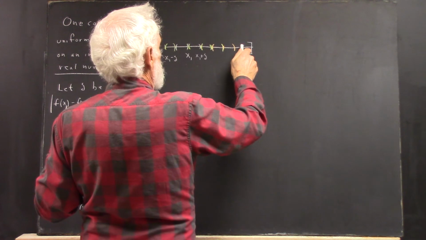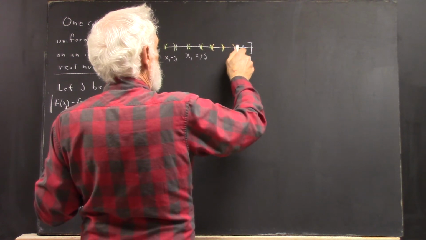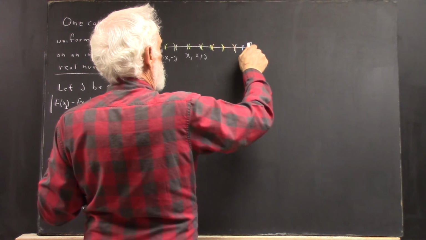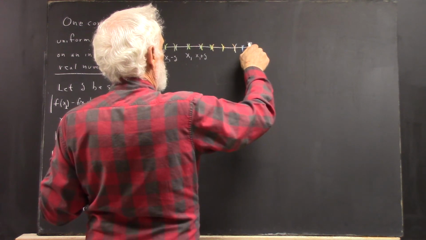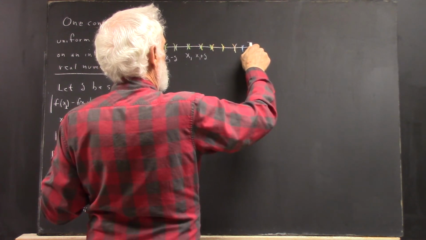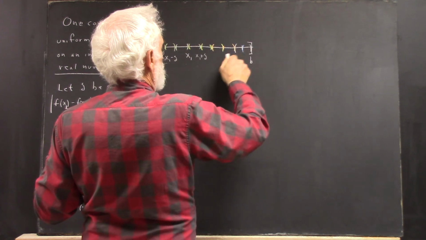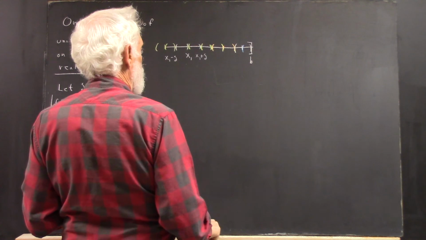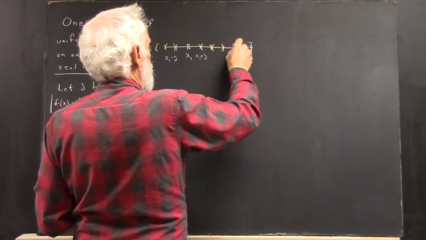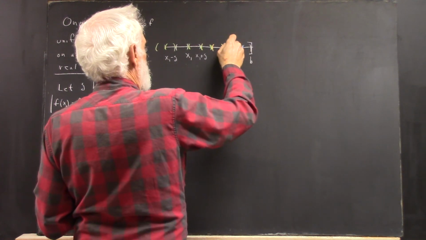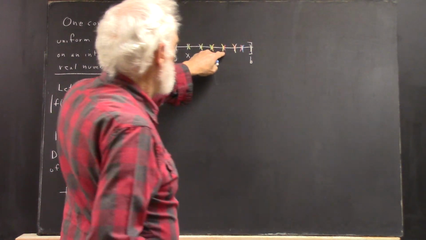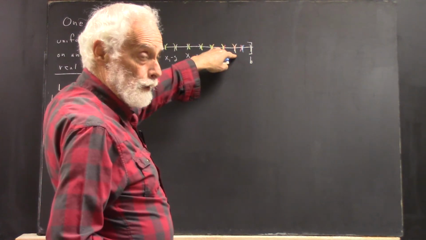Okay? So if I continue the construction process here, I can have an interval here, and then another interval here. And eventually I'm going to overlap an interval I've already done.